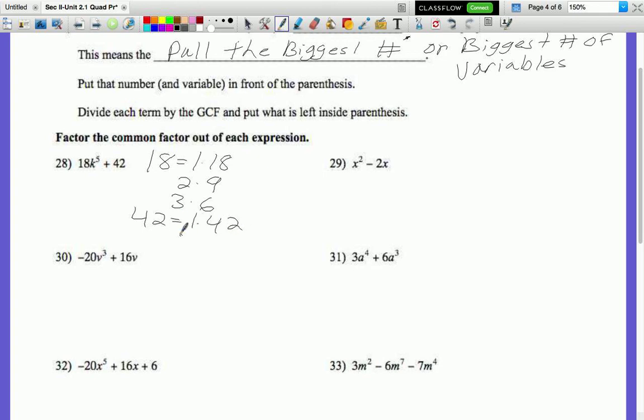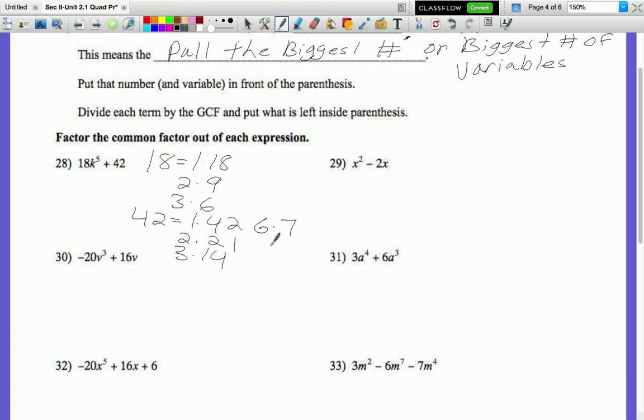1 times 42, 2 times 21, 3 times 14, 4 doesn't work, 5 doesn't work, 6 times 7 does work, 8 doesn't work, 9 doesn't work, 11 doesn't work, 12 doesn't work also.